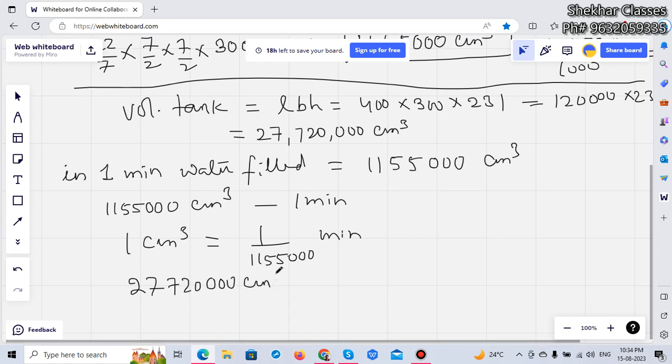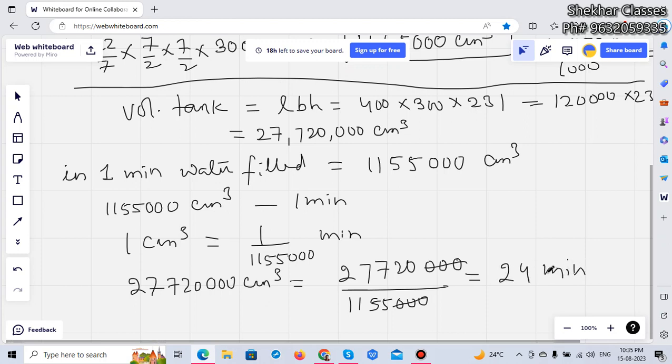Then comes here how many? 27720 centimeter cube will get filled up in 27720 upon 1, multiply with this. So 1155000, 30 got cancelled, and let's see if I get a complete figure here. 27720 if we divide it by 1,155,000, it will get exactly 24 minutes.